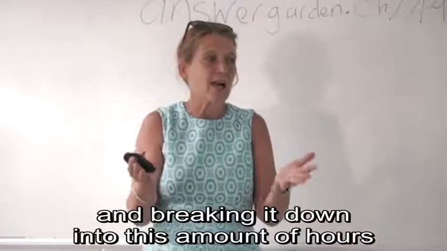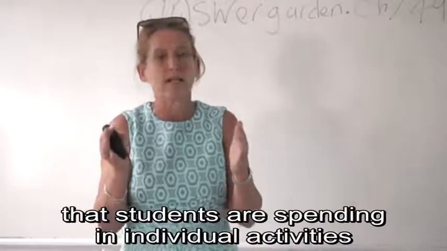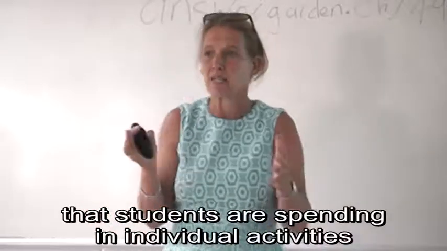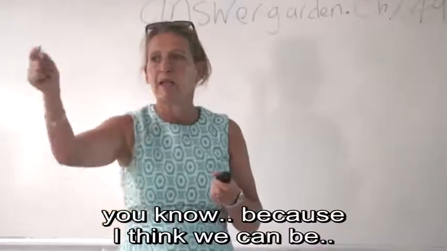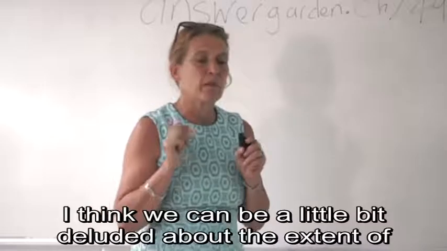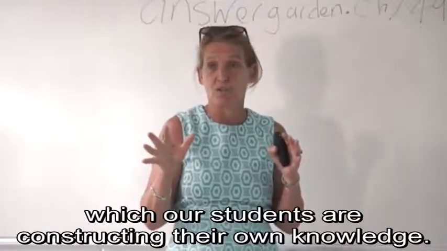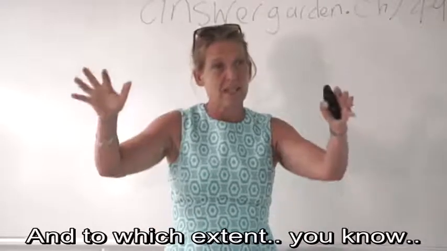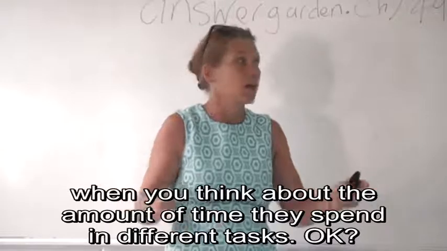Breaking it down into the amount of hours students spend in individual activities can help, because I think we can be a little bit deluded about the extent to which our students are constructing their own knowledge, when you think about the amount of time they spend in different tasks.